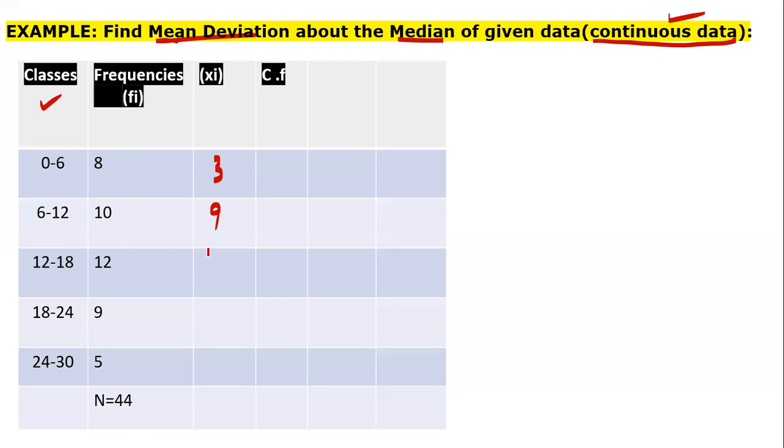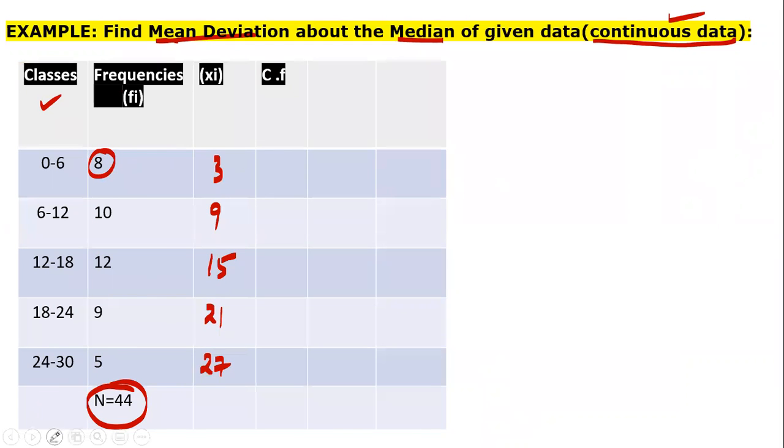Then 15. Then 21. Then 27. And this is summation fi. Now CF, cumulative frequency, we will find out from here.